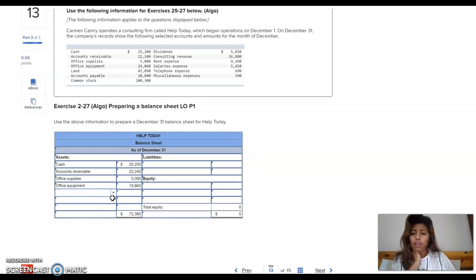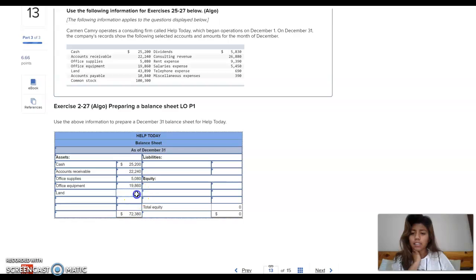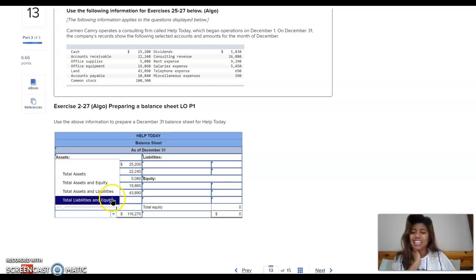And so then we have the last one, which is land. And that is always an asset. Land is 43,890. So those will all be your assets, and it totals 1,270. And so this would just be total assets.